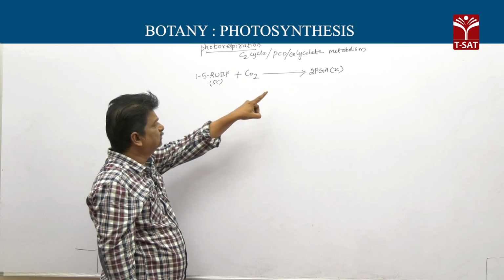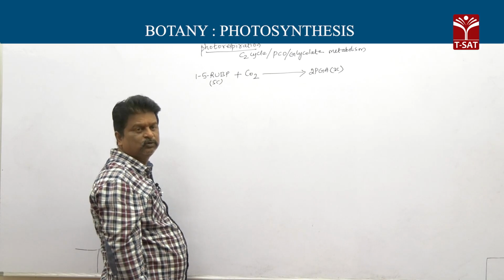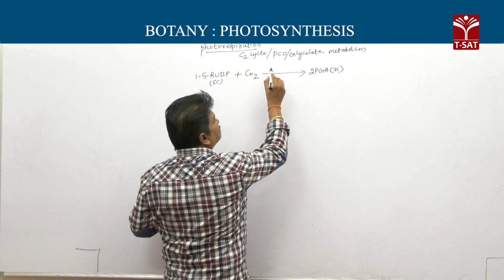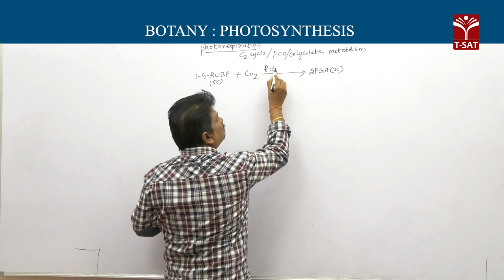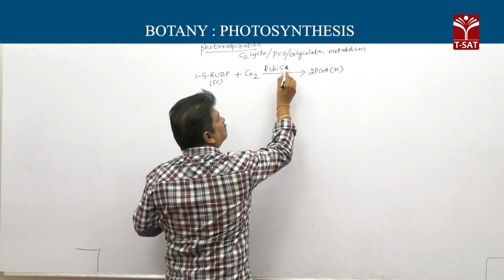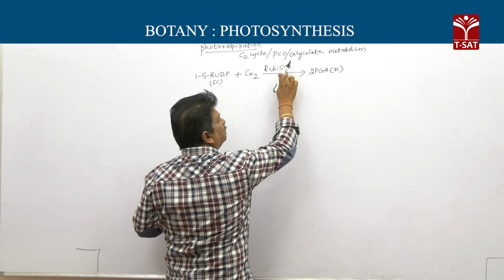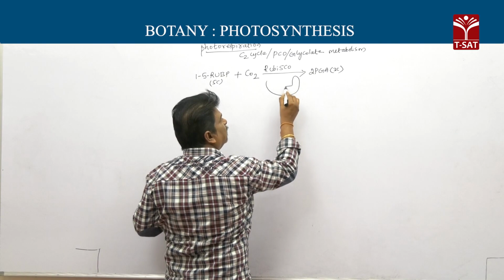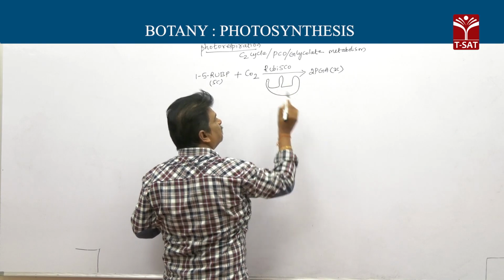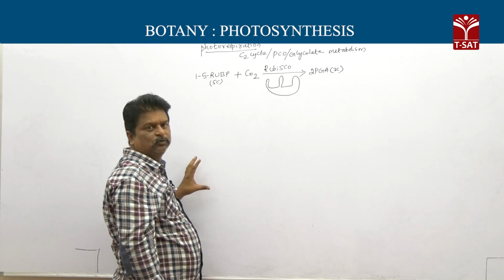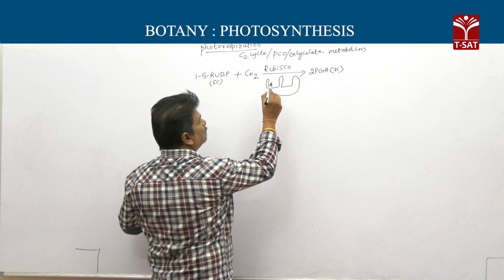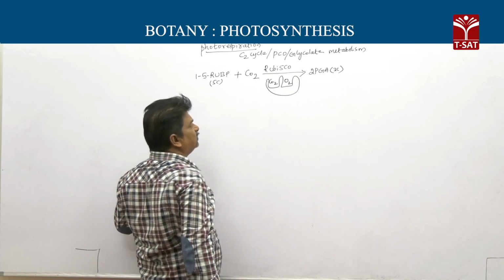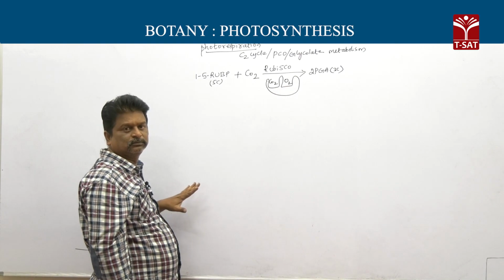RuBP fixes carbon and forms 2 molecules of PGA. This reaction is catalyzed by Rubisco. Rubisco means RuBP carboxylase oxygenase, and actually this enzyme has 2 active sites. One is for carbon dioxide, and second is for oxygen.